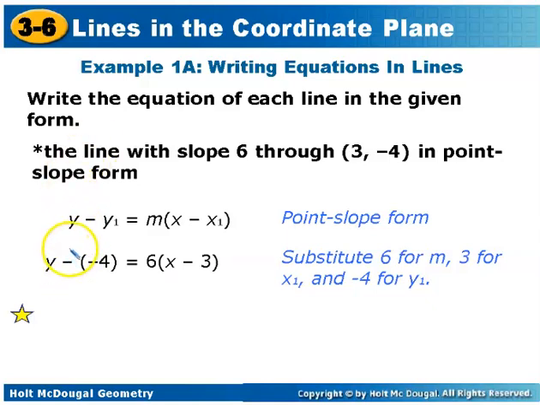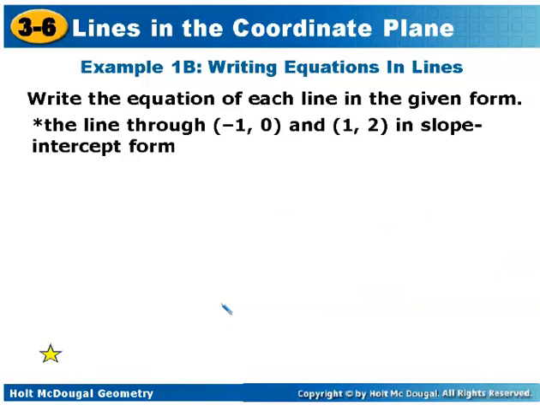I can simplify these two negatives right there. I know that two negatives multiplied, which is what this parenthesis implies, I can simplify to plus. And now I have the equation of my line written in point slope form.